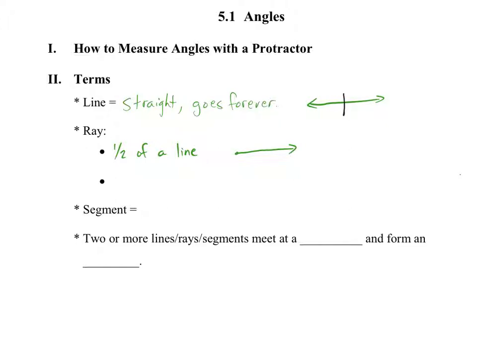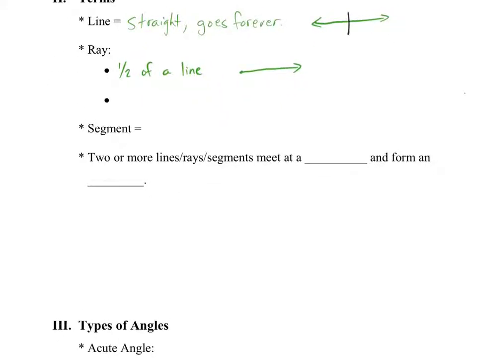That's what I mean by half of a line. So it goes forever, but it only goes in one direction. The other end has an end point. We okay for lines and rays?